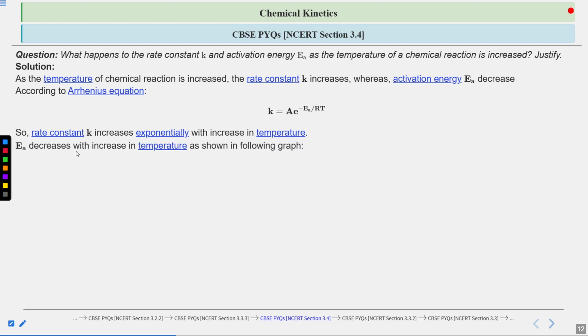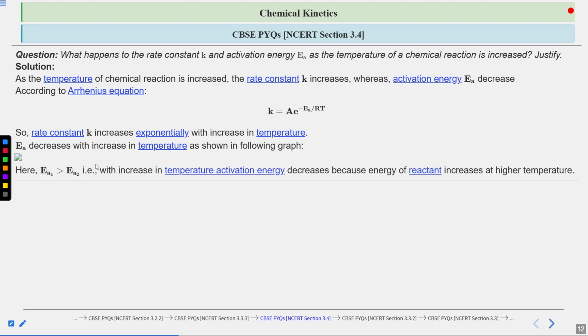If you talk about the activation energy, because it is present in the numerator of this fraction, it will decrease with the increase in temperature, because if you increase the temperature present in the denominator, this fraction is going to decrease. That means the Ea value is going to decrease. So Ea decreases with the increase in temperature, as shown in the following graph.